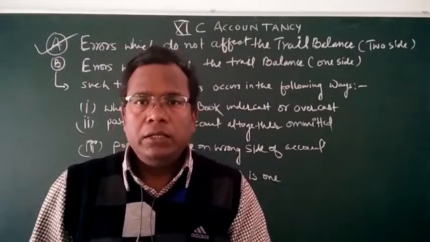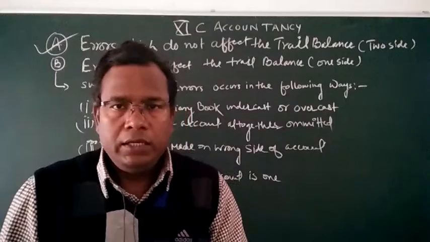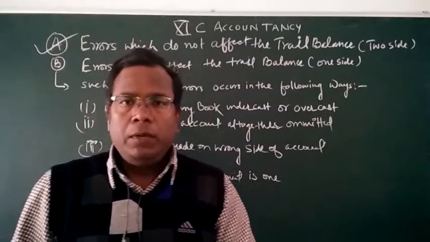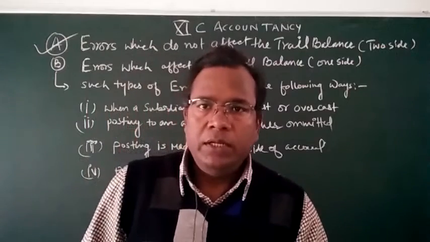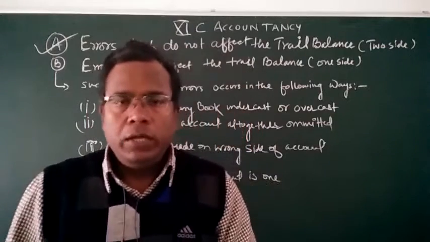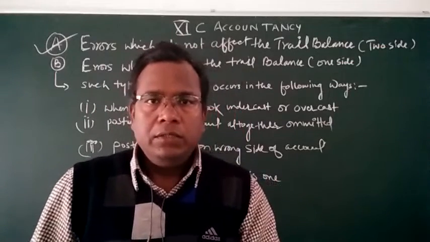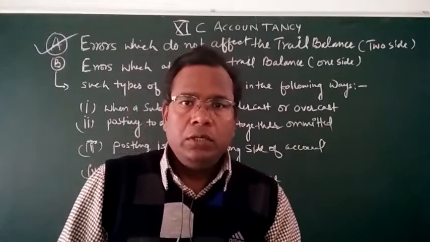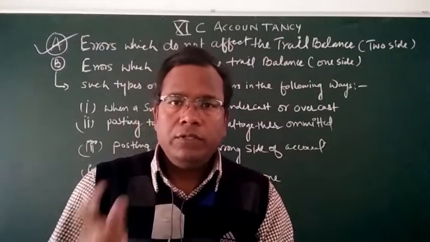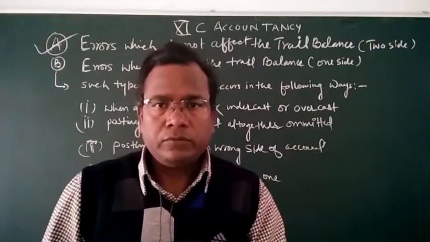This will create one-sided errors. When you prepare your trial balance, the balances might not match or be equal, because a one-sided error has occurred in the books of accounts: on one side you have posted and on the other side you have not posted.